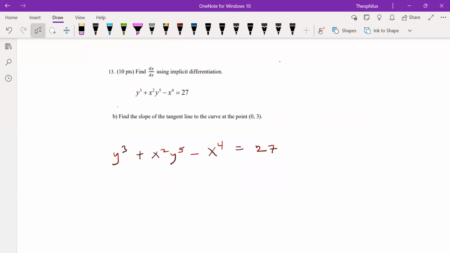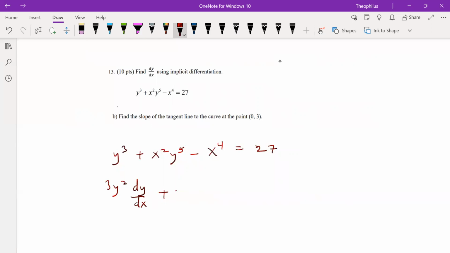Now using implicit differentiation, as we said, anytime we differentiate y, we always have to attach the dy/dx. So when we differentiate this, we're going to have 3y squared dy/dx plus, for the second term, x squared y to the power 4, we use the product rule.